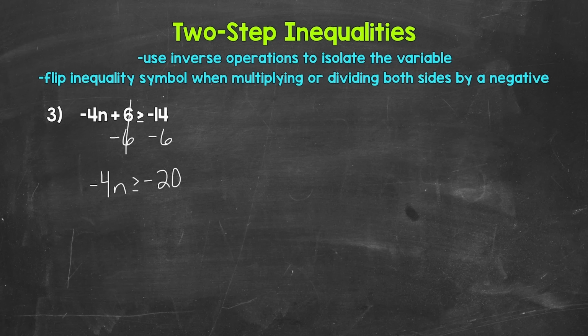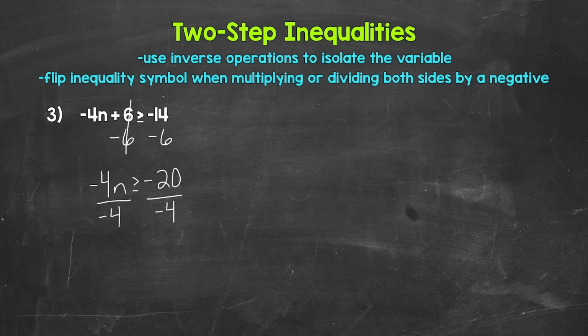So now we need to undo that multiplication. The inverse operation is division. So divide the left side by negative 4. That means we need to divide the right side by negative 4 as well. Now you'll notice that we're dividing both sides by a negative, so that inequality symbol flips.